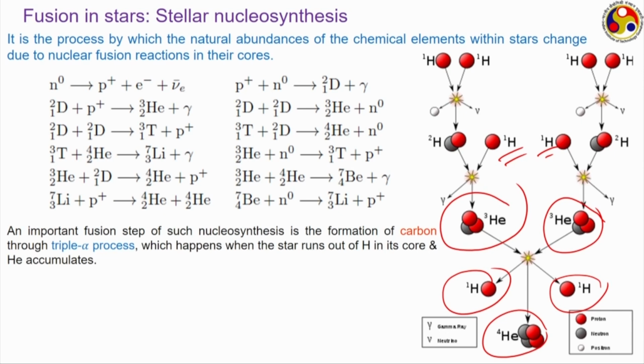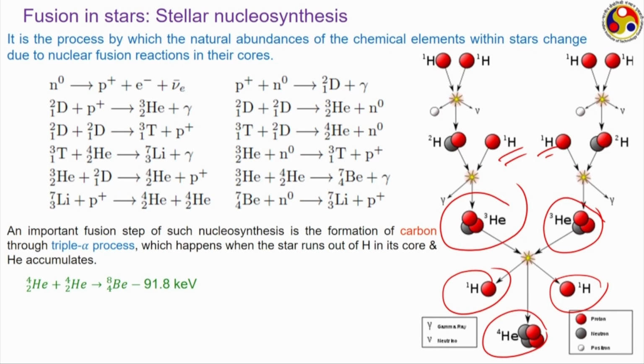A very important stage of such nucleosynthesis is the formation of carbon through the triple alpha process. The triple alpha process refers to reaction between 3 different helium 4 isotopes. This reaction becomes more prominent when the hydrogen stock of the star is about to expire and helium accumulation has happened inside the reactor.